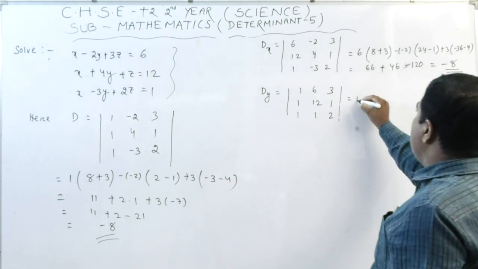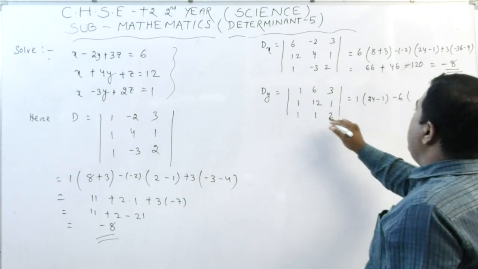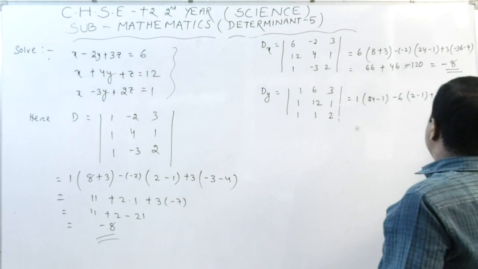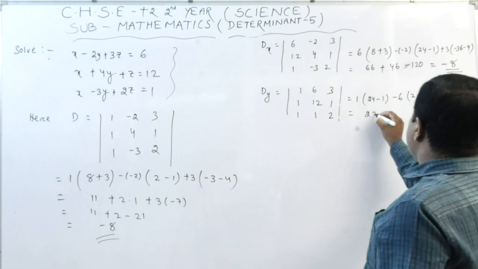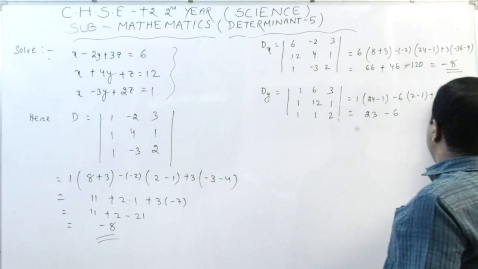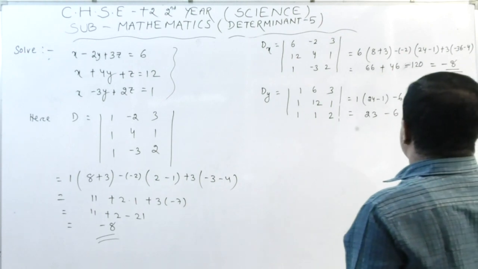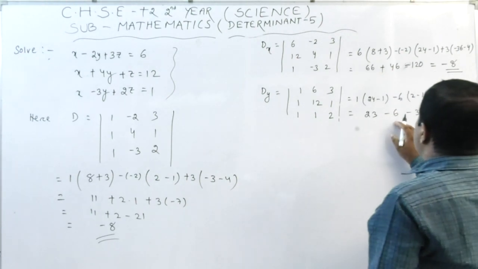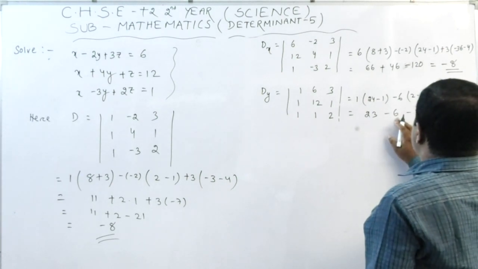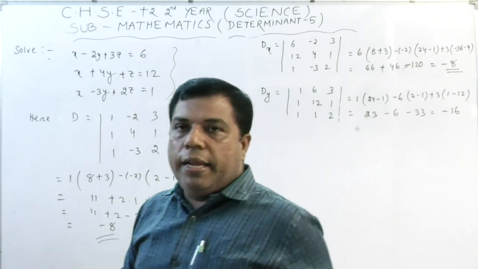If you evaluate it, it is 1 times 24 minus 1, minus 6 times 2 minus 1, and plus 3 times 1 minus 12. So it is 23, and it is 1 minus 6, and it is minus 11 into 3, so minus 33. So you see it is minus 16. Okay, so in this way we are obtaining the Dy.